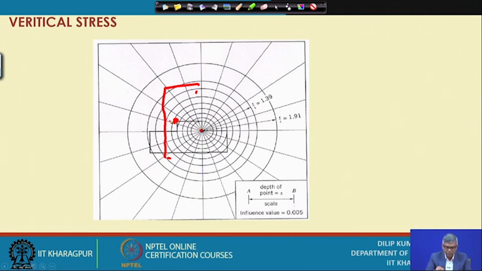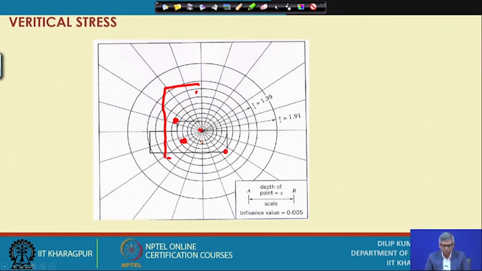If I want to find out at this point, again I have to shift the entire thing, keep this point here, and draw the figure this side. Then again I will count the number and multiply by I and q, then I will get the stress. Like that, for any point, suppose I want to find out at this point, I have to keep this point here and cover symmetrically whatever way it is there.